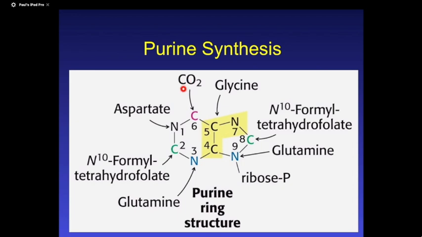CO2. If you see in another book bicarbonate, that's exactly the same thing. It's just dissolved, reacted CO2 with water. And so a lot of times that will be bicarbonate or CO2. Aspartate, THF, glutamine. The largest component, these three atoms, are from glycine. And so lots of things come in to donate individual atoms.